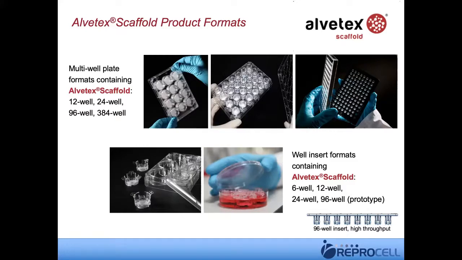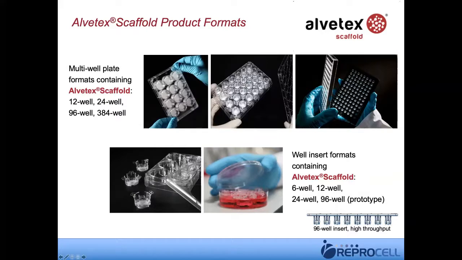And what we see on this slide are the various formats for these products. So along the top line, we have multi-well plates. And you can see we have different configurations, 12, 24, 96, and 4 well. In addition, we have well inserts, 6, 12, and 24.